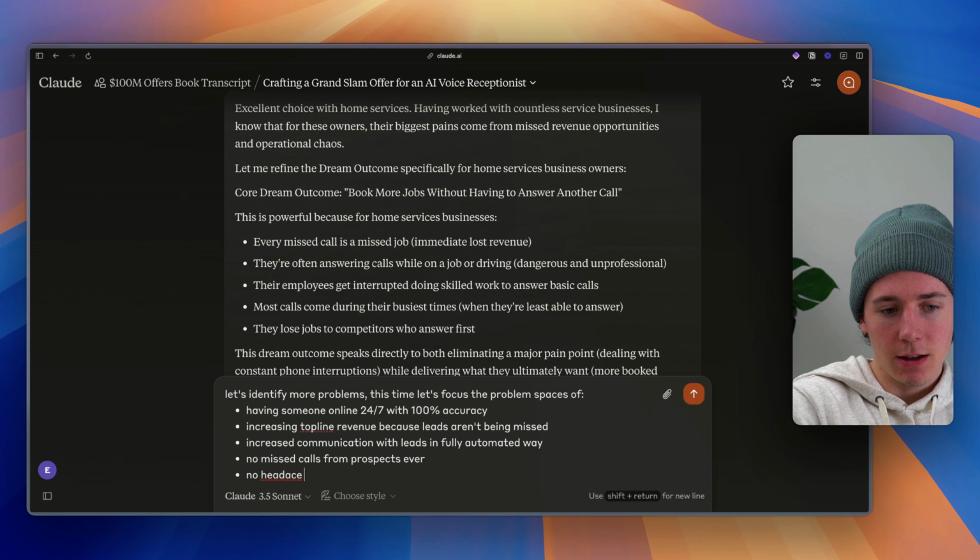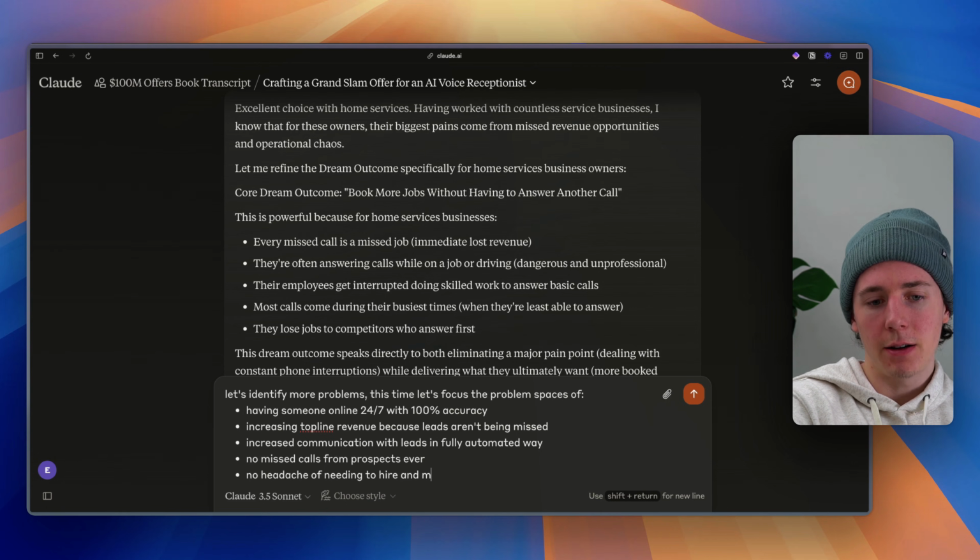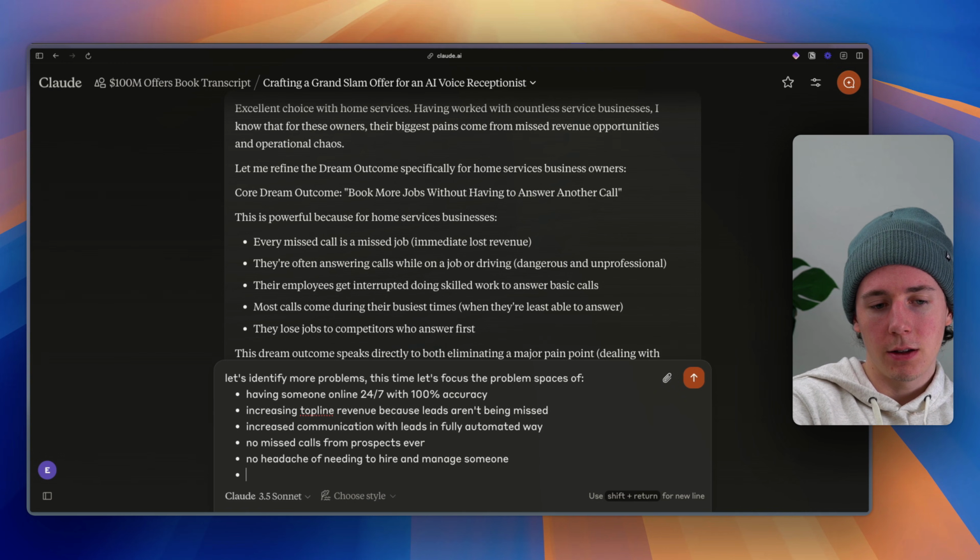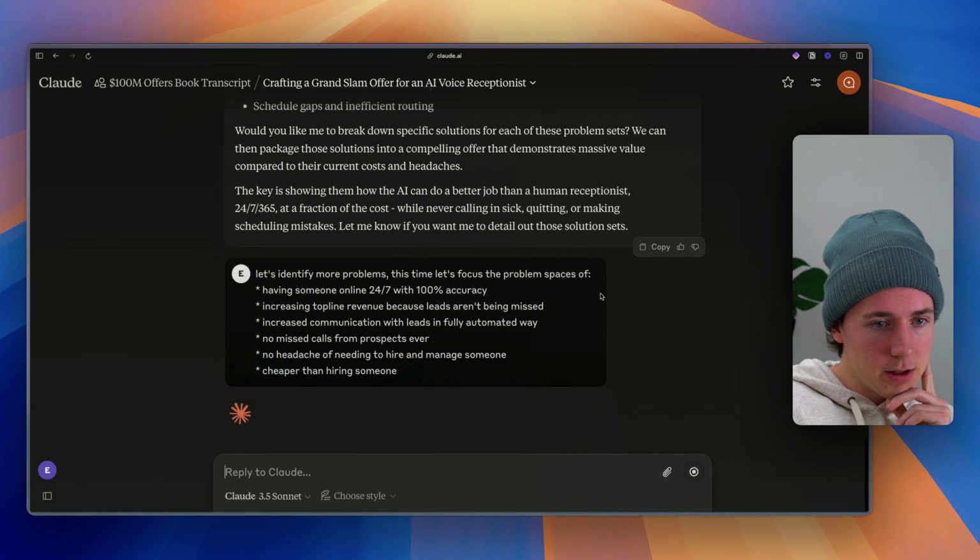No headache of hiring. No headache of needing to hire and manage someone, and cheaper than hiring someone. So these are a lot of the core problems.